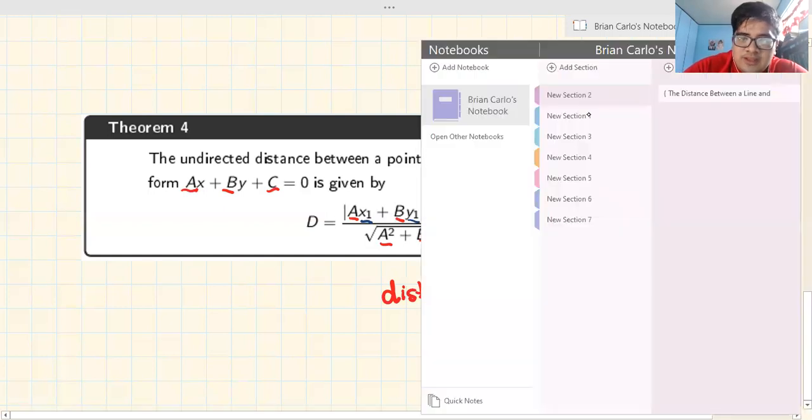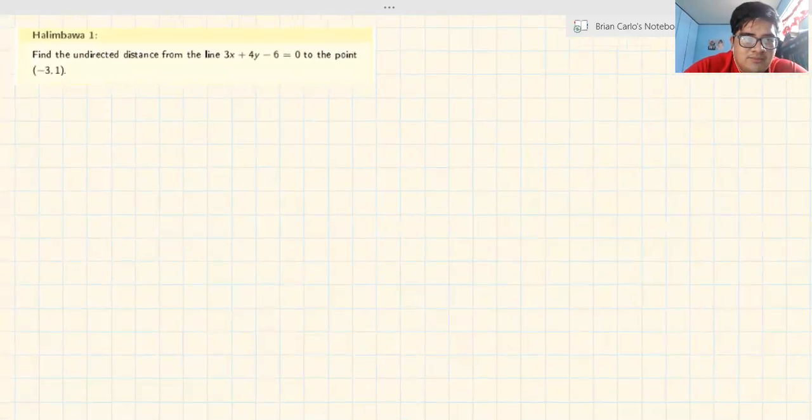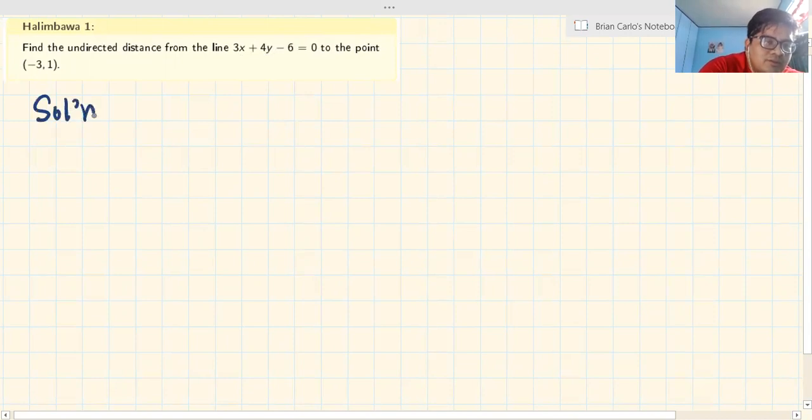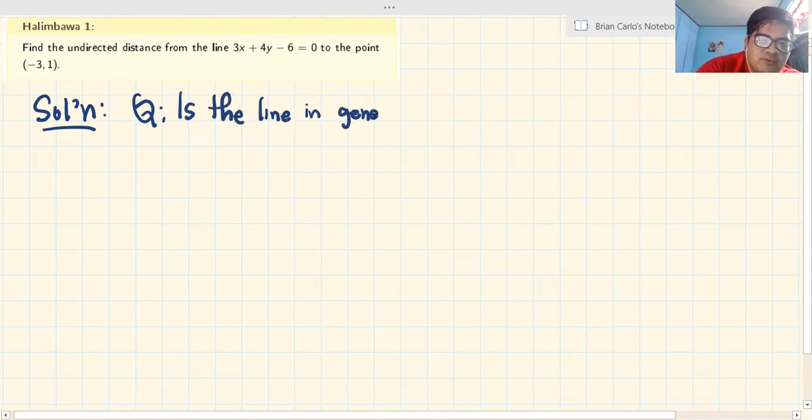Ngayon, let's have practical examples nung ginagawa natin. Let's say number 1. Find the undirected distance from the line 3x + 4y - 6 = 0 to the point (-3, 1). Ang una natin tinitingnan dito, ang tanong dito, question, is the line in general form?